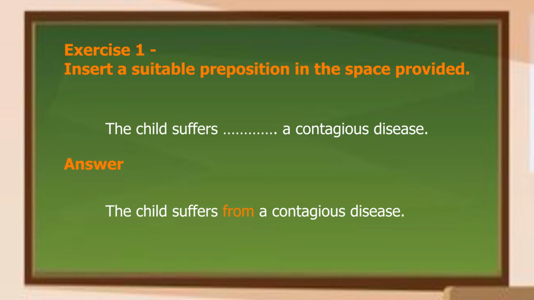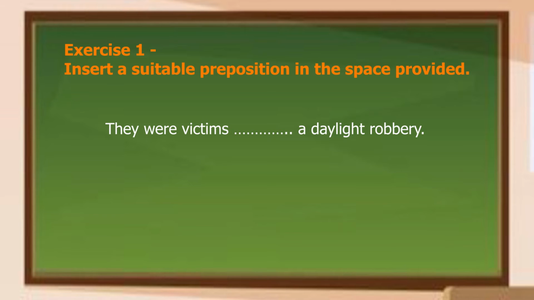From. Now, if you said from, you're correct. The child suffers from a contagious disease. We can't say the child suffers with a contagious disease. No, from a contagious disease. Next sentence. They were victims of daylight robbery.